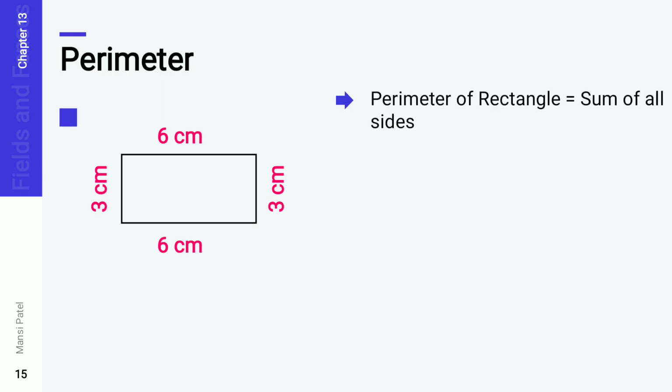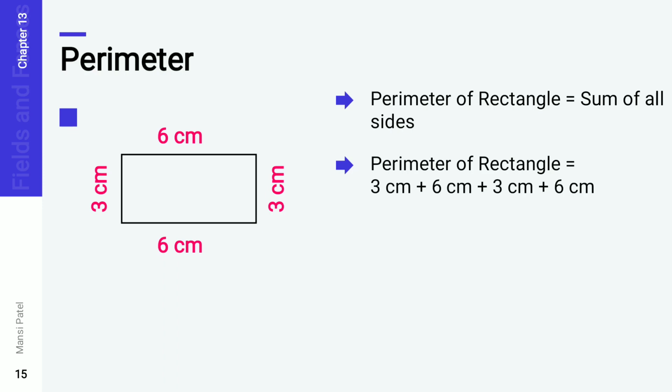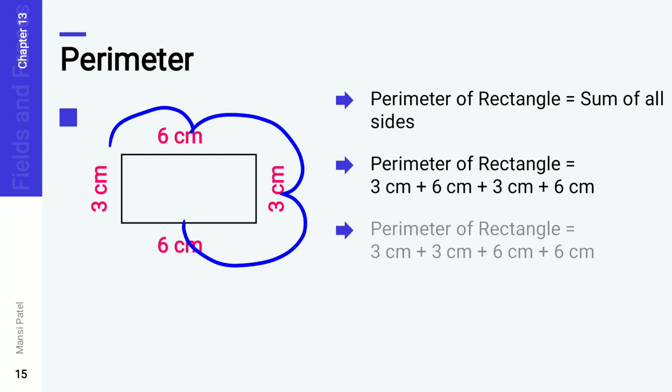Here we solve this sum by using the general formula, sum of all the sides. So here you can see that do the addition clockwise: 3 centimeter plus 6 centimeter plus 3 centimeter plus 6 centimeter.